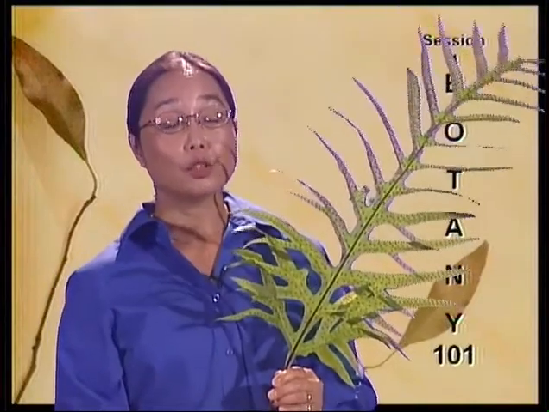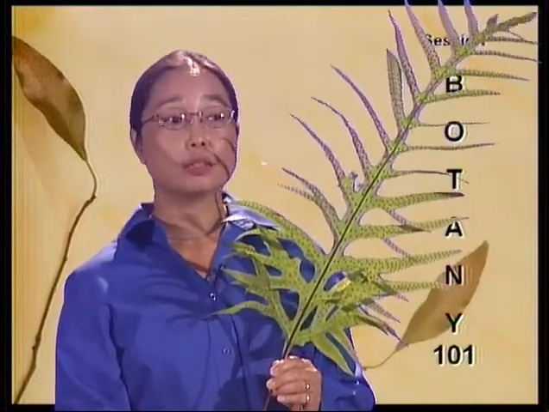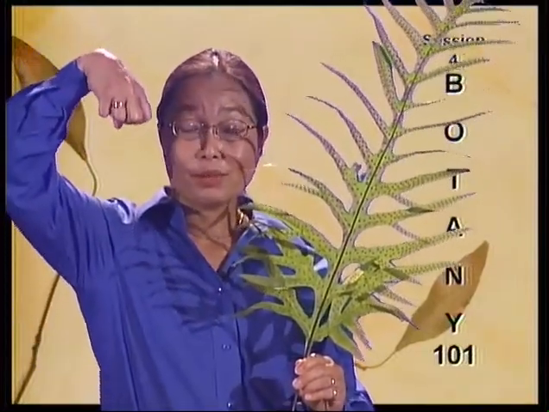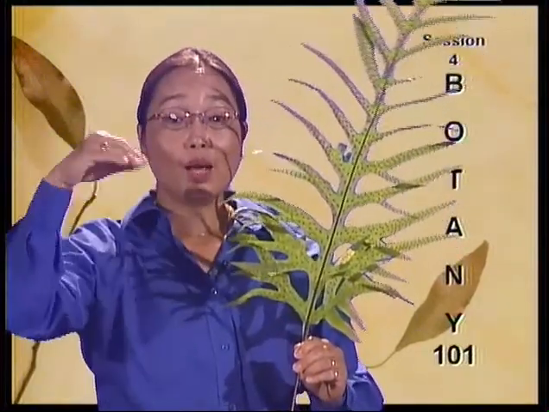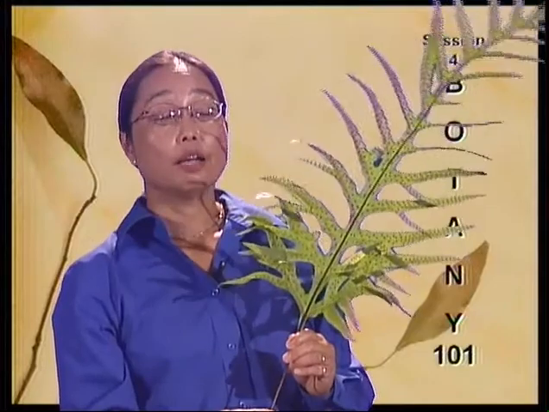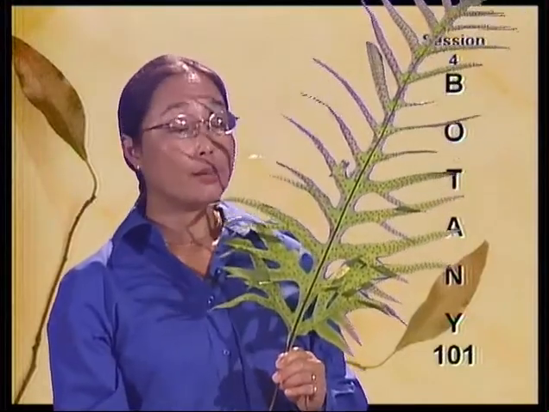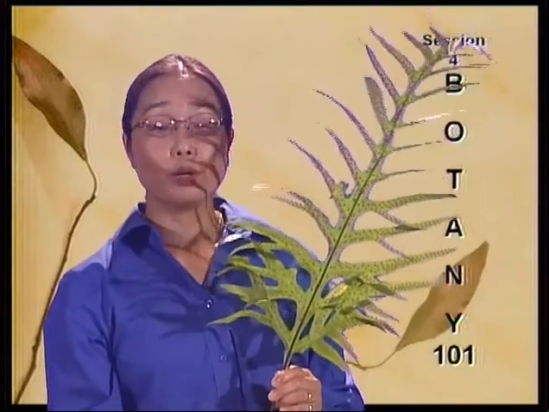Recall when we looked at a fern in the first session, you saw the fiddlehead, that little curled up frond, and as the leaf matures, you'll have these sori. The sori, S-O-R-I, have to do with sexual reproduction in ferns, because ferns are spore-bearing plants. They reproduce sexually through spores, whereas angiosperms and gymnosperms reproduce via seeds.